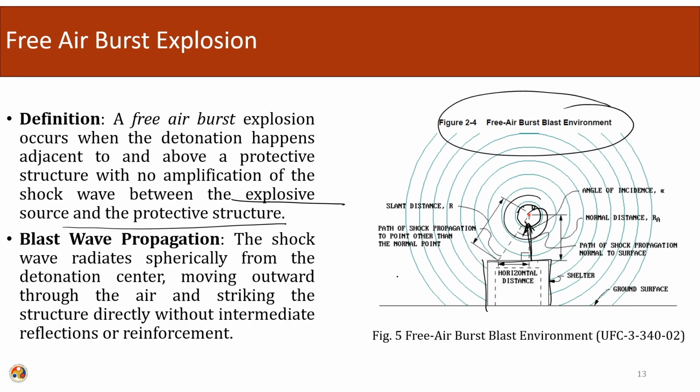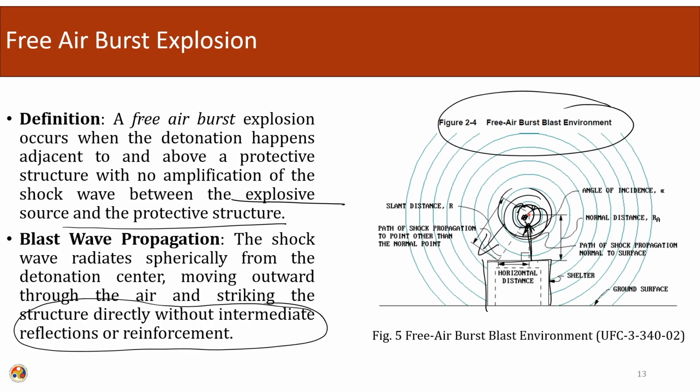In the blast wave propagation, the shock wave radiates spherically from the detonation center, moving outward through the air and striking the structure directly without intermediate reflections or reinforcing. It means that there are no reflections associated with this type of explosion.